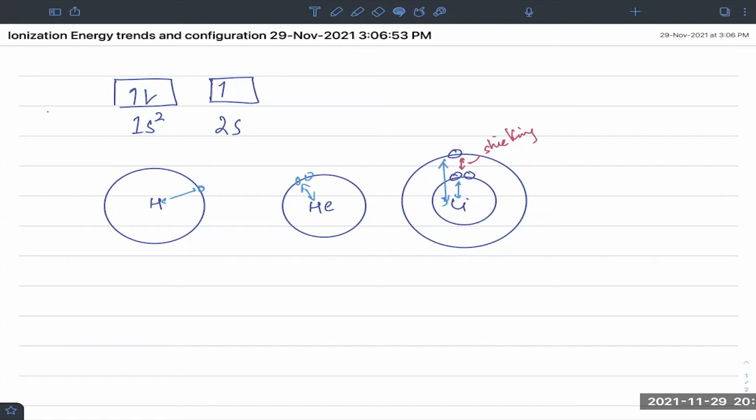So there are two factors that are towards decreasing the ionization energy: higher distance and greater shielding. Both of them decrease the ionization energy. Ionization energy decreases because size increases and shielding increases.